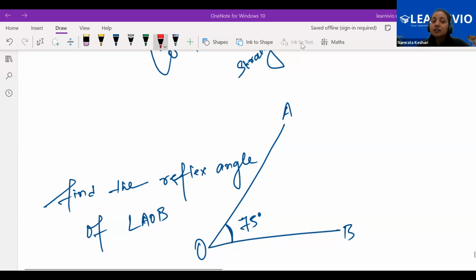Whenever we have to find the reflex of the given angle AOB, that means we are talking about this angle, the remaining angle. AOB is 75 degrees. We have to find this angle, which is called the reflex of the given angle AOB. And it will be 360 degrees minus this angle, that is 75 degrees. Let's do the subtraction.